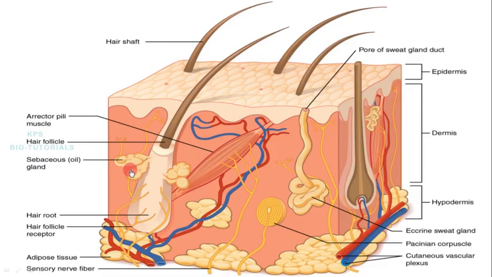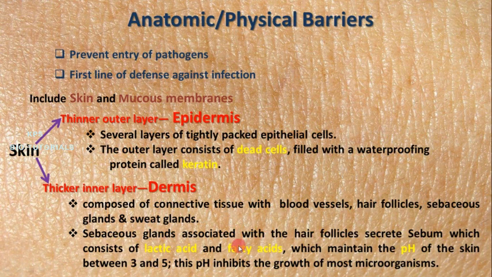Here you can see the sebaceous gland associated with the hair follicles. This sebaceous gland produces an oily secretion, namely sebum, which consists of lactic acid and fatty acids. These acids maintain the pH of the skin between 3 and 5. That is an acidic pH. At this acidic pH, the microorganisms, the pathogens, cannot grow.